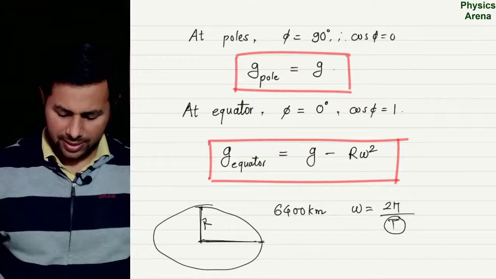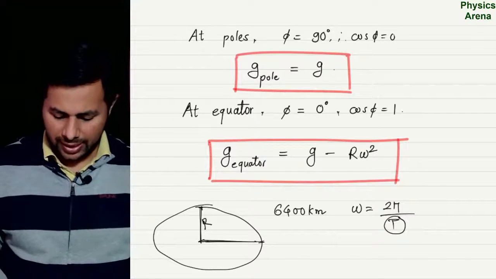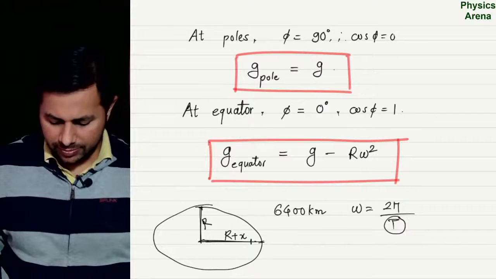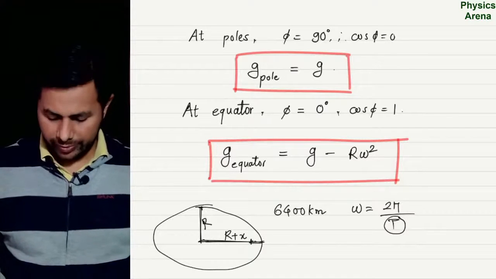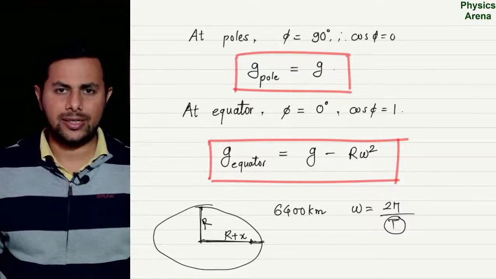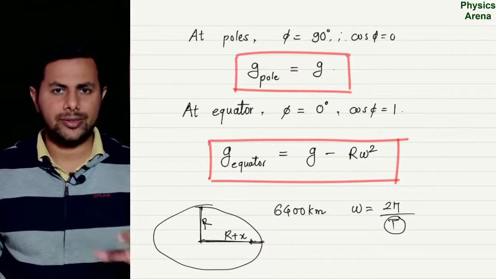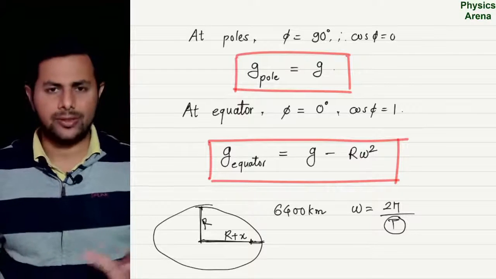So if we call this R, then this will be R plus some value, let's say X. The difference between the radius at equator and the radius at poles is about 20 something kilometers.